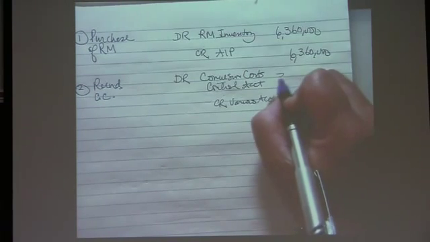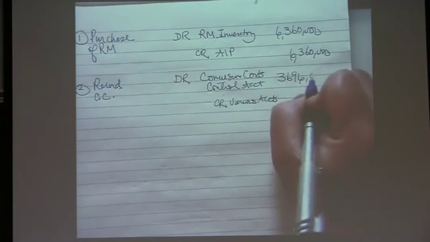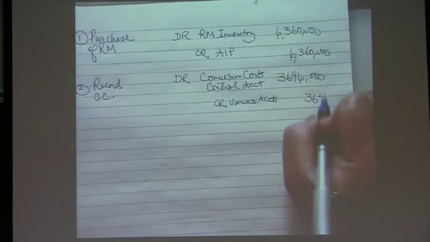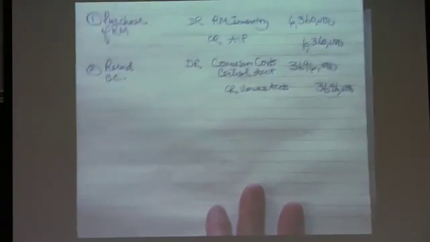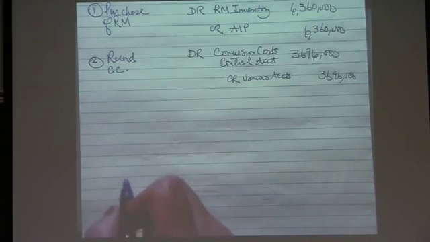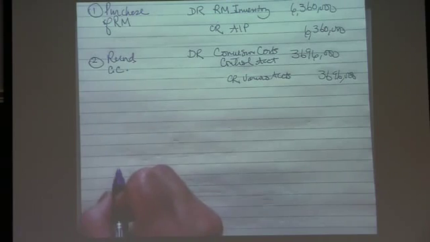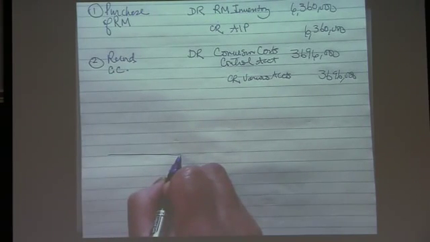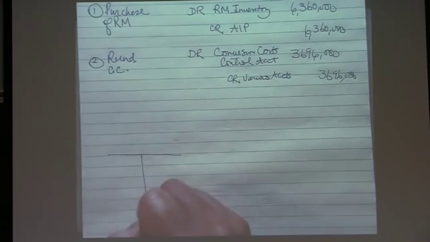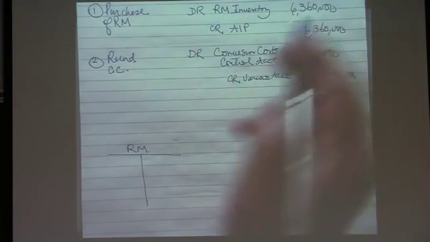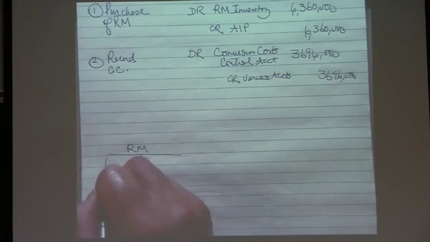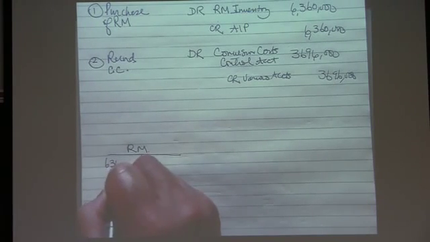So the actuals is 3696. So if I'm going to do a T account down here, which I'm going to show you, I've got my raw materials. I'm going to debit that one 6360.